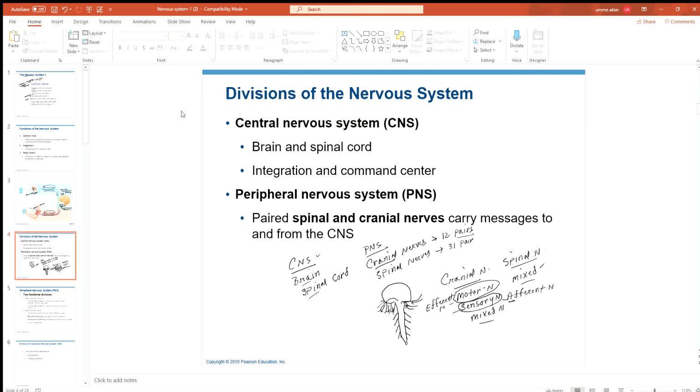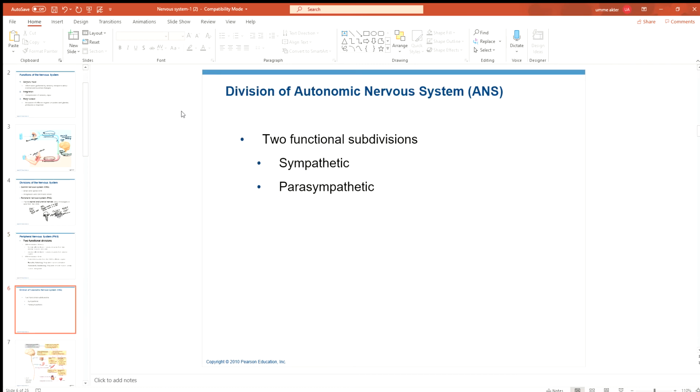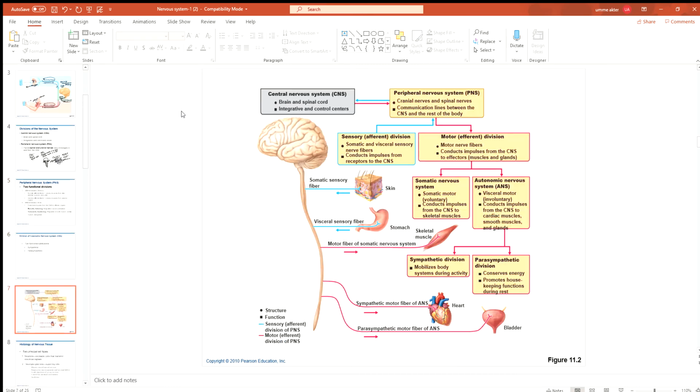First, we divide into, you see here, central nervous system, brain and the spinal cord, and peripheral nervous system, which includes sensory or afferent, motor or efferent.